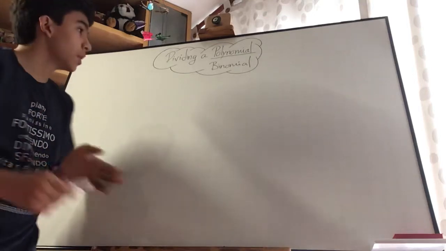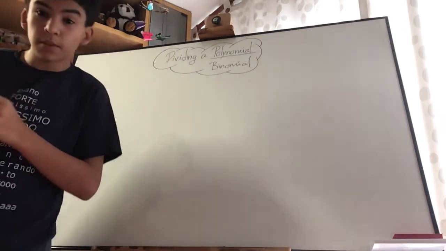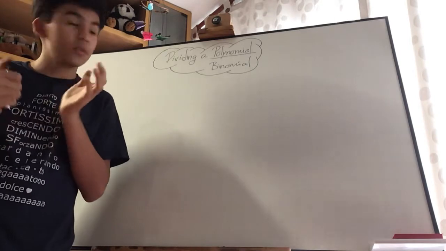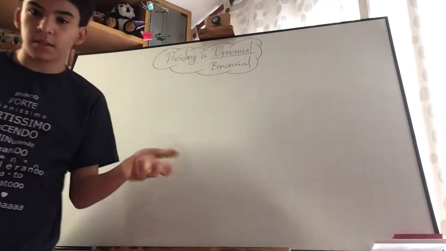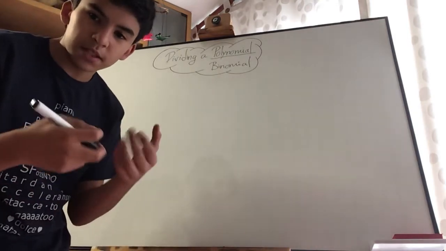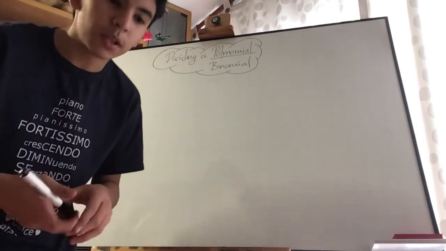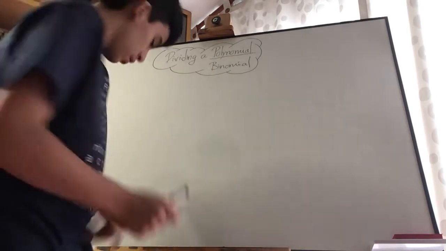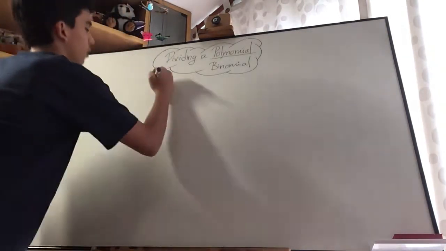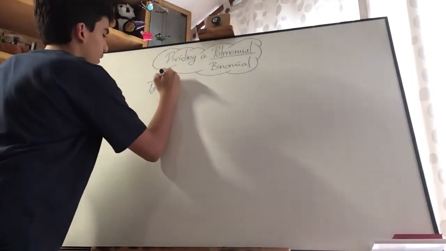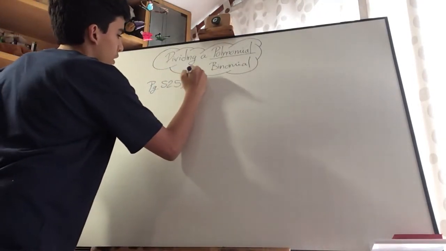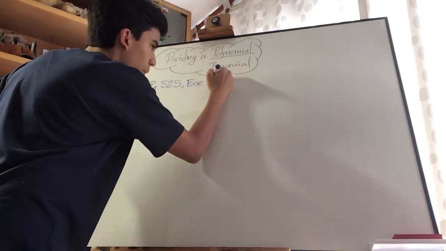Today's topic will be about dividing a polynomial by a binomial. So we're going to do an exercise that I love because it shows basically everything you need to understand this topic, and it is more exactly page 525, exercise 40.